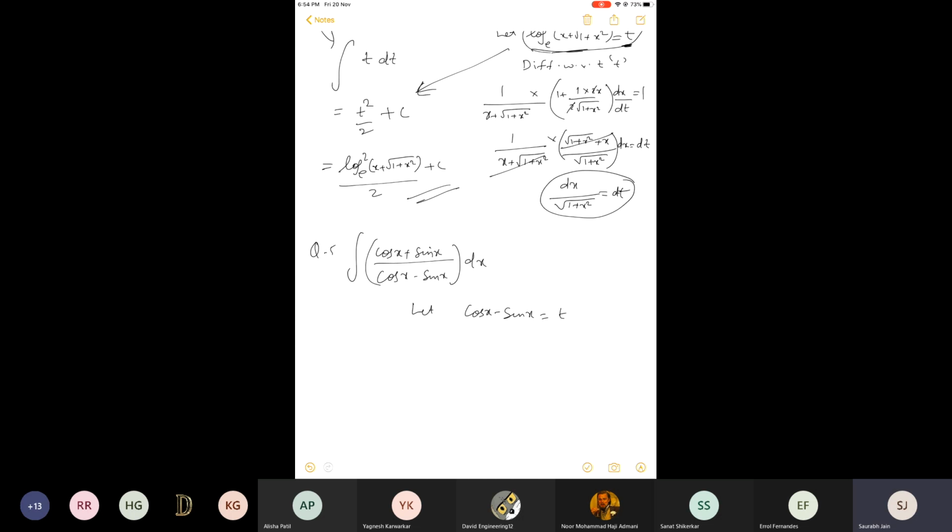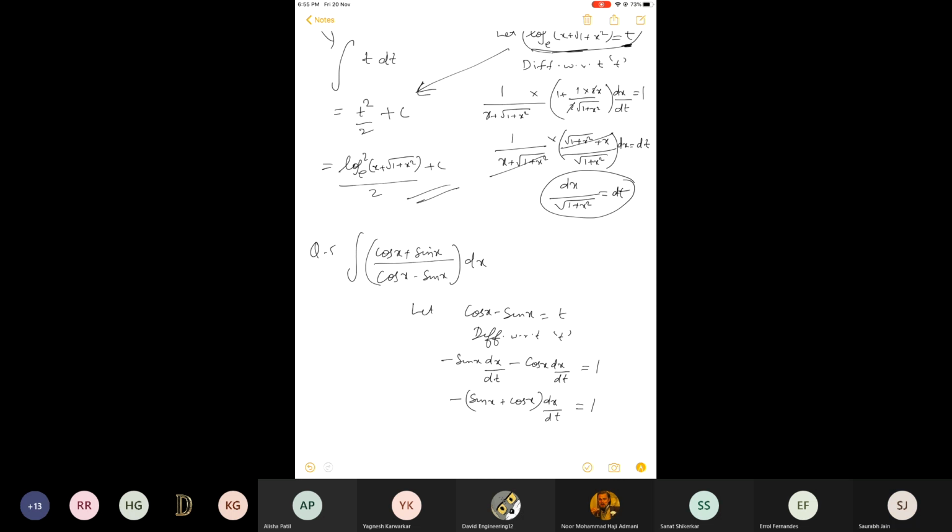So if we put cos x minus sin x as t and we differentiate with respect to t, we differentiate cos. Cos is minus sin x. Then we differentiate x, which is dx by dt. Then we differentiate sin, which is cos. Then we differentiate x, which is dx by dt. So sometimes I will not write dx by dt with every term.